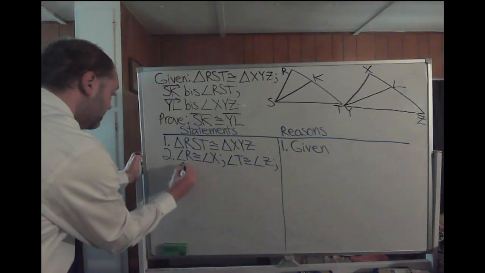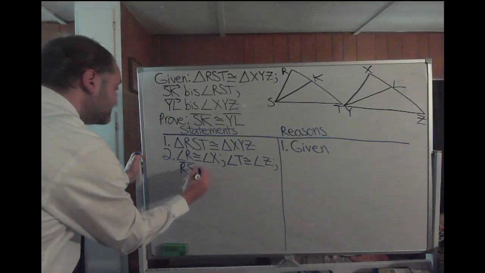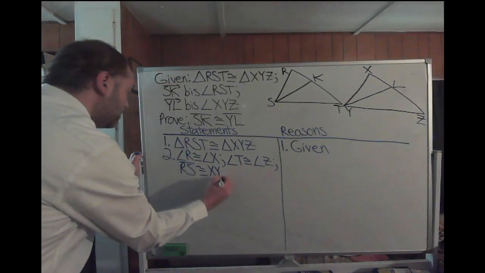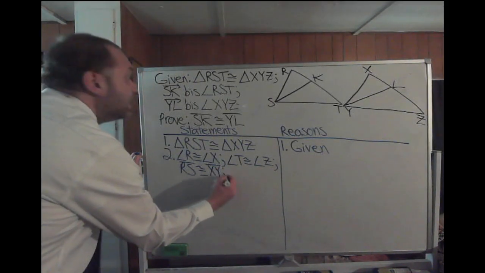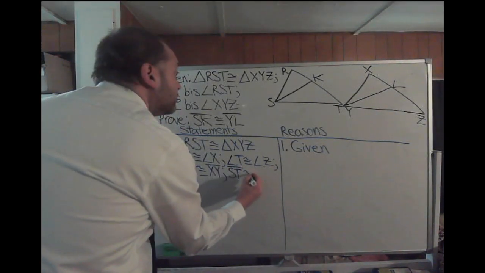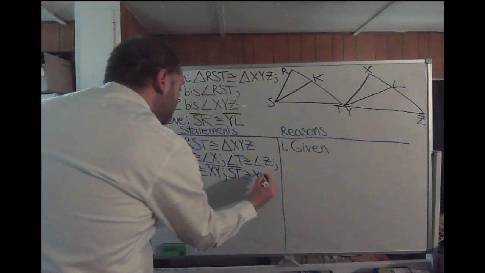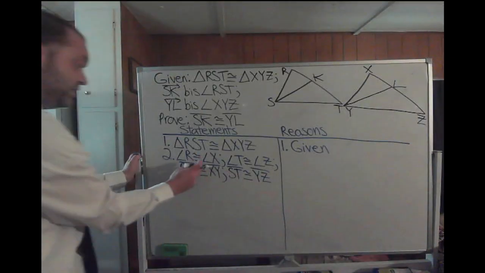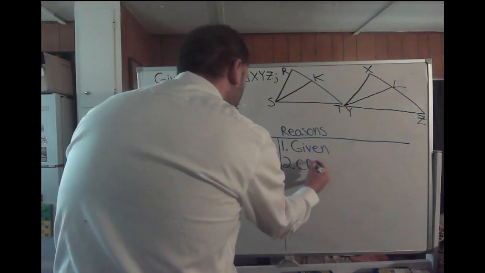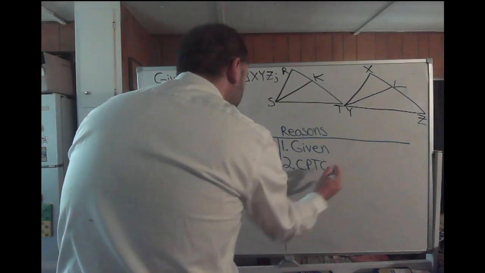We can say that RS is congruent to XY. We could even say that ST is congruent to YZ. How can we say all these things are congruent? By CPCTC. I just combine them into one step instead of having to write them all separately.